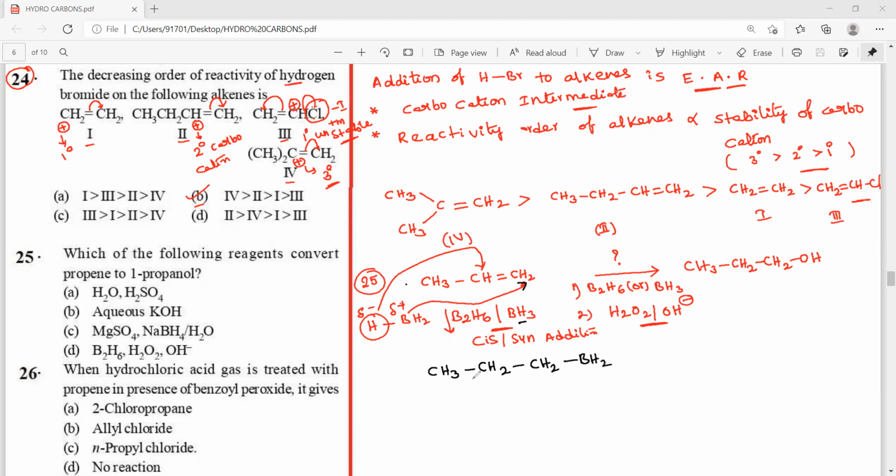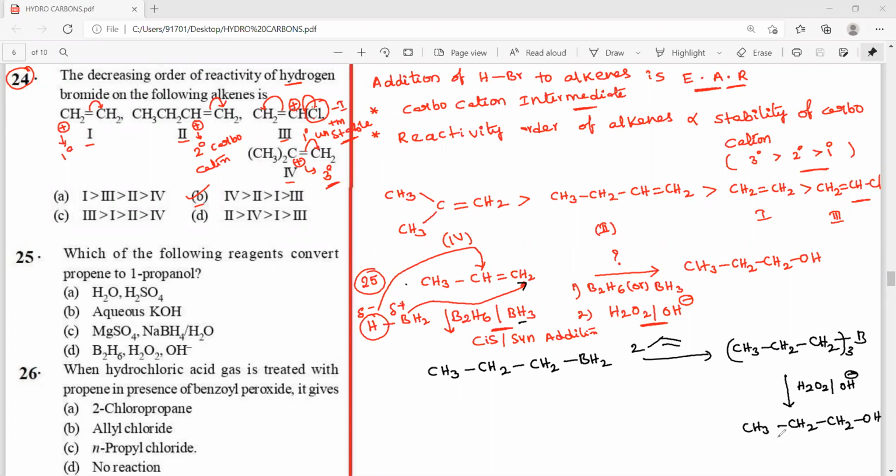In the same way, two more moles of alkene react and produce trialkyl borane, (CH3 CH2 bond CH2) thrice B. This trialkyl borane on oxidation in the presence of hydrogen peroxide and base produces CH3 CH2 bond CH2OH, propan-1-ol.